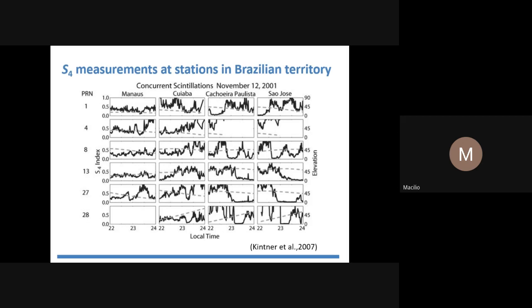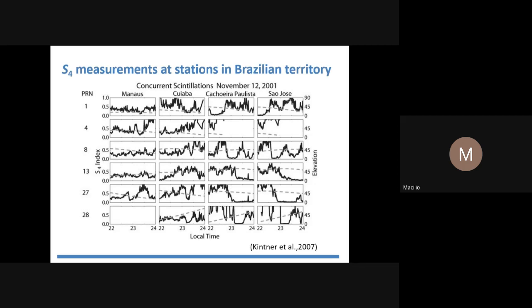You see, during all this time, 22 to 24 local time, the value of S4 was greater than 0.5. What's this dotted line? In fact, I don't know. In the text, the author doesn't explain what it is.